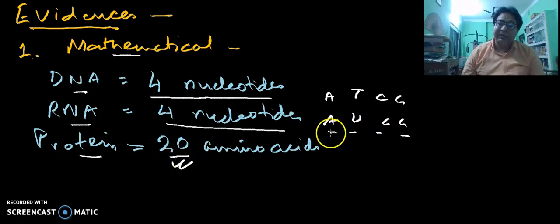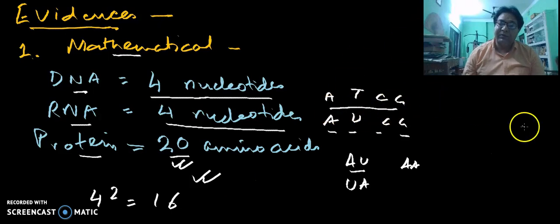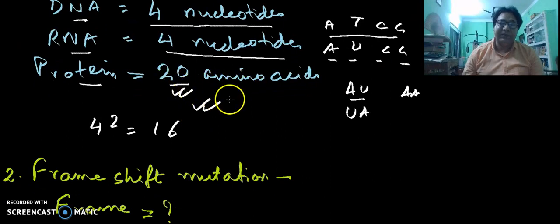Even if they are assembled in groups of 2, then also it is not possible for synthesizing 20 different amino acids. In groups of 2, according to permutation and combination, 4 to the power 2 means only 16 sequences are possible by all these 4 nucleotides. So this is also insufficient for coding for 20 amino acids.